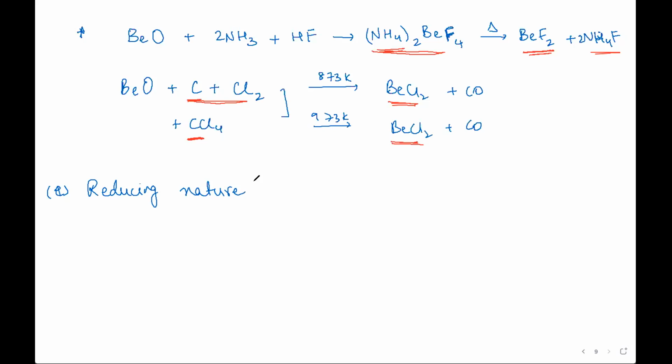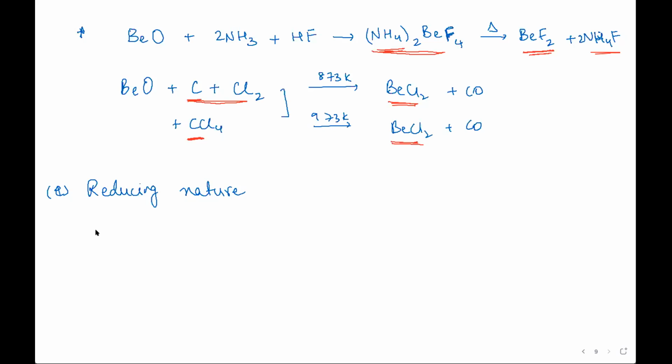If group 1 and group 2 elements are electropositive, would you say they are good reducing agents or good oxidizing agents? They're good reducing agents. Group 1 and group 2 have a tendency to lose electrons, which means they provide electrons for the other substance to take up. So they help in reducing the other substance, and they themselves get easily oxidized.